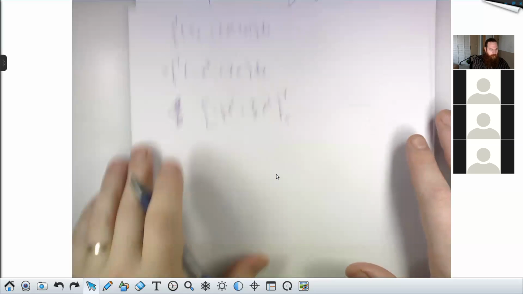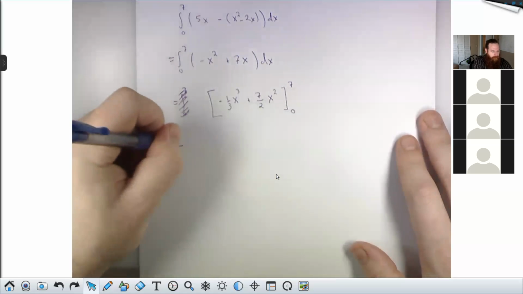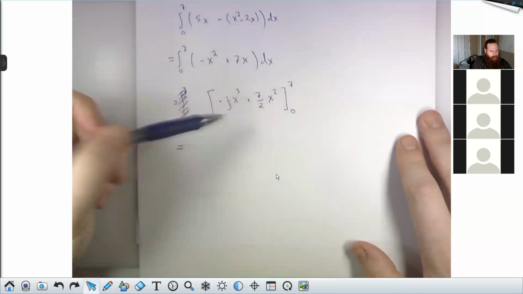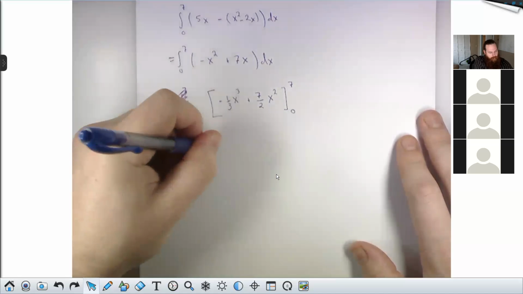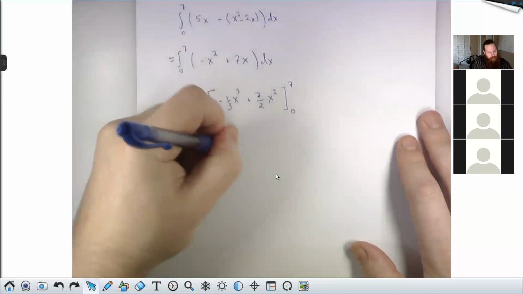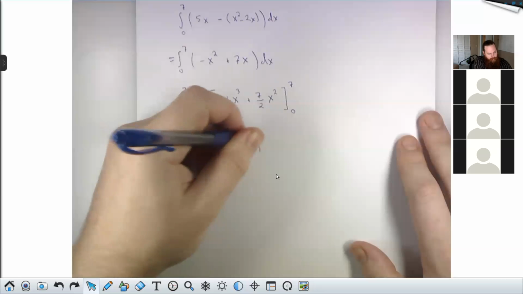At the lower bound 0, both of these are 0, so I don't have to worry about that. But at the upper bound 7, I'll have negative 1/3 times 7 cubed plus 7 halves times 7 squared.